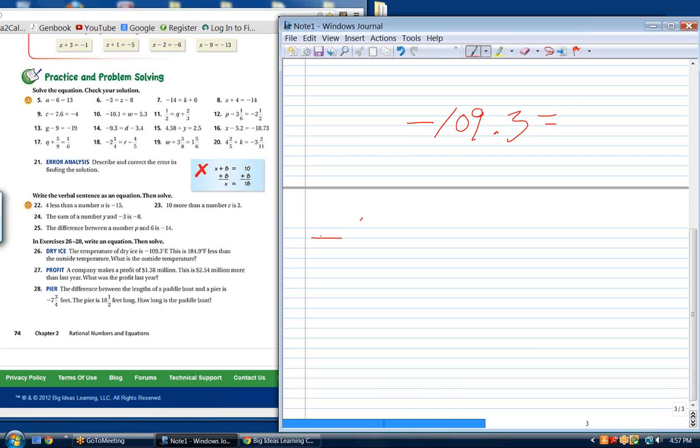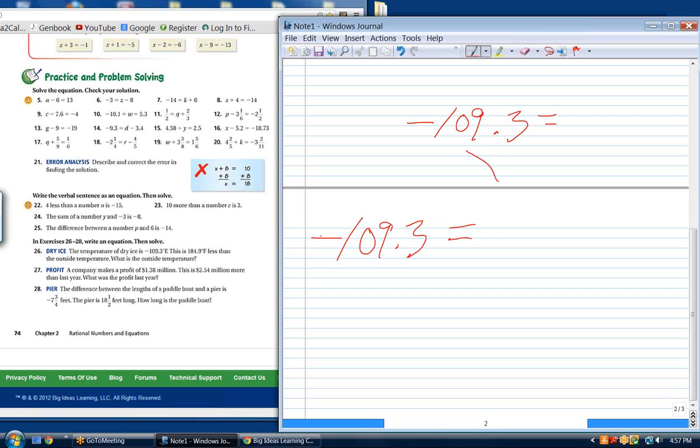Okay, so minus 109.3. This is right here that I'm pointing at. That means equals. Now I realize there's an "is" there also, but what they're saying is that this temperature, minus 109.3, is 184.9 degrees less than the outside temperature.